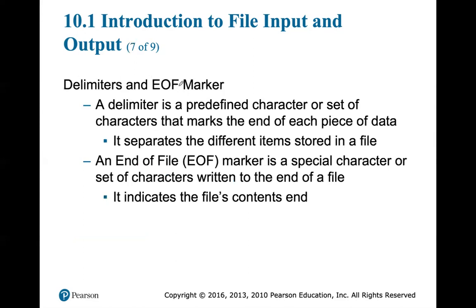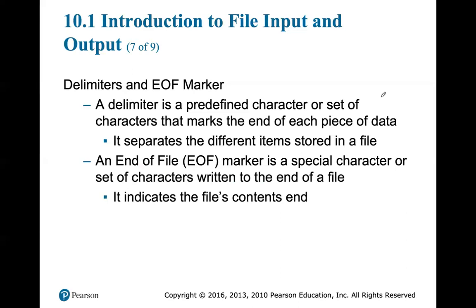Now, delimiters and EOF marker. EOF just stands for end of file. So an EOF marker just stands for some sort of sequence of characters or some word that will let you know that this is the end of the file. There's nothing else in that file anymore. And a delimiter is a character or a word that will let you know that this is the end of a piece of data. And a piece of data can be anything.